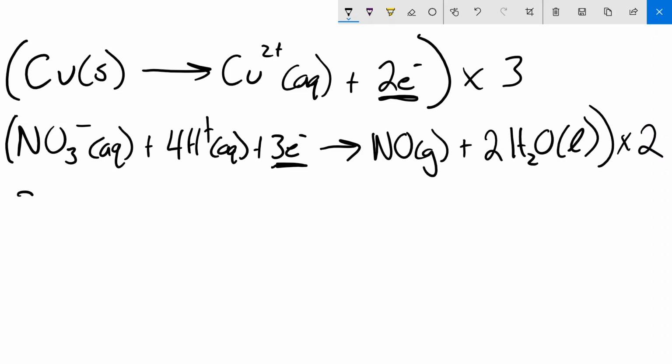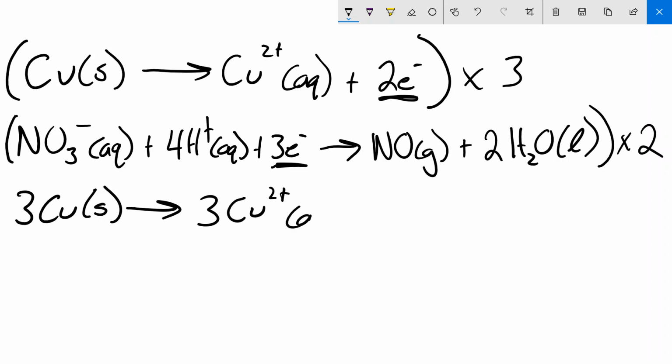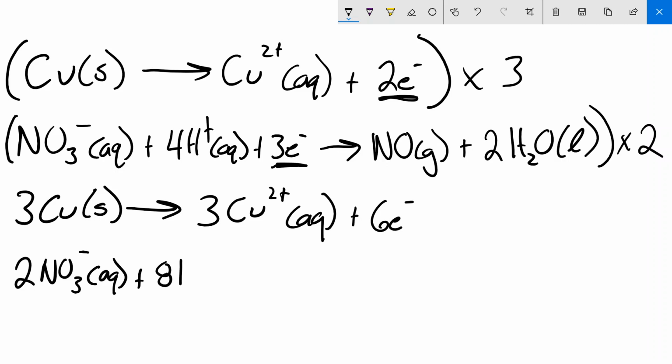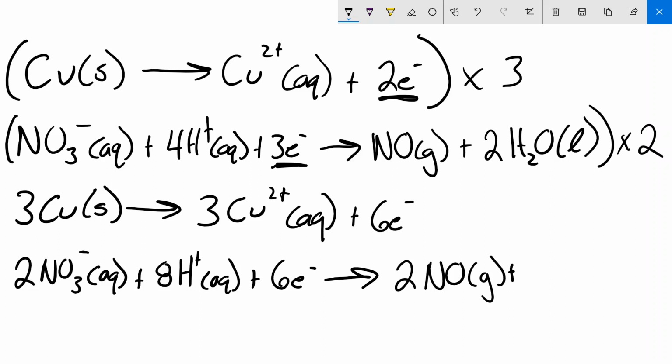So now we're going to have 3Cu as a solid going to 3Cu2+ aq plus 6 electrons. And then for our reduction half reaction, we're going to have 2NO3- aq plus 8H+ aq plus 6 electrons produces 2 NO gas plus 4 H2O, right?